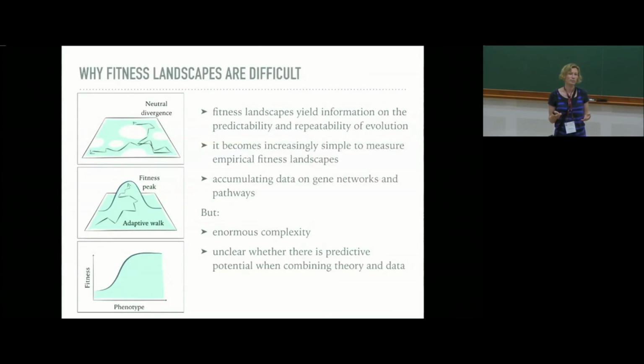And so even with the best experimental methods, it will not be possible to ever map the whole fitness landscape of even a whole gene, right? And then also the question is, do we really need all this information? If we had this big fitness landscape, what would it tell us really about evolution? And can we then predict anything if we have this type of fitness landscape?